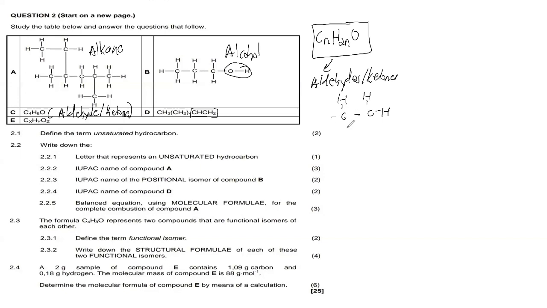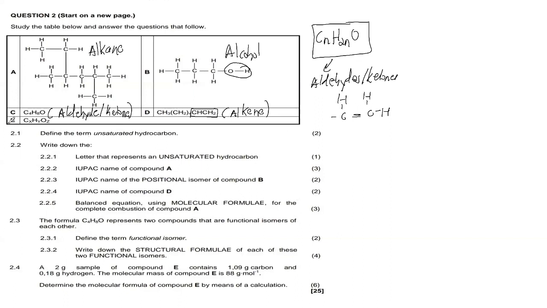So how do we make these 4 bonds? We introduce another bond to make it a double bond between the carbon atoms. If we have double bonds between carbon atoms, we know that this is the functional group of the alkene. So our homologous series is alkene.